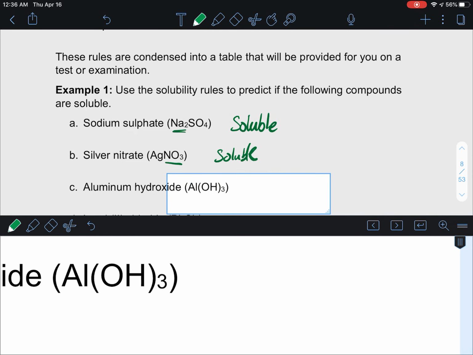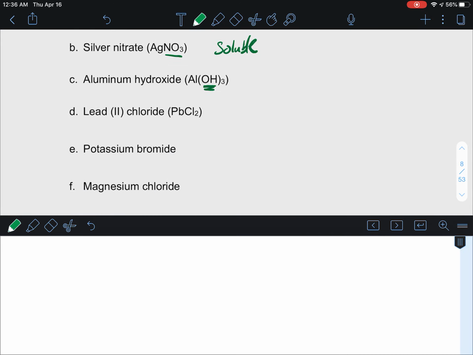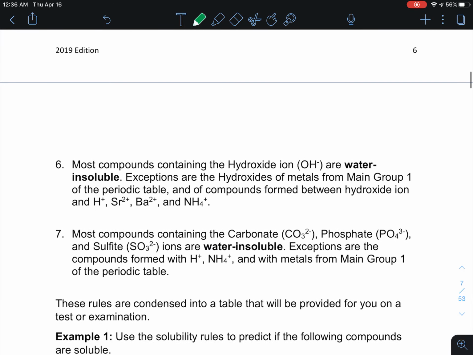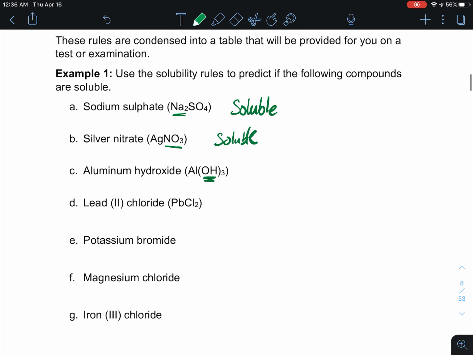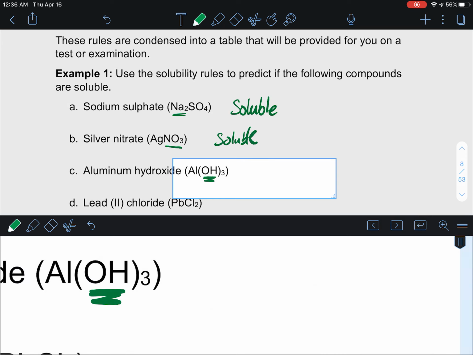In the case of aluminum hydroxide, I recognize the word hydroxide as one of my rules. So let's go see what that hydroxide rule says. It's right here. It says all hydroxides are water insoluble except for main group 1 and compounds of hydrogen, strontium, barium, and ammonia. Well, that's not ammonia, strontium, or barium, so this is insoluble.